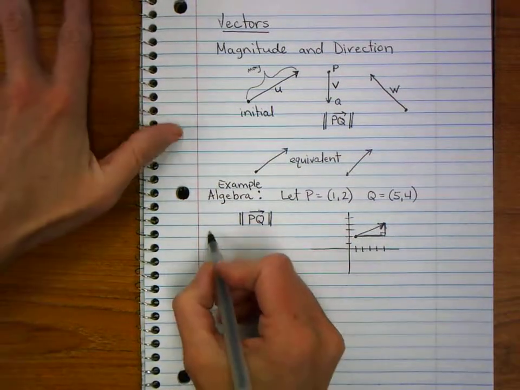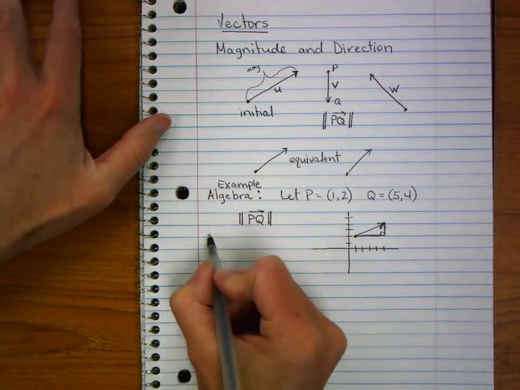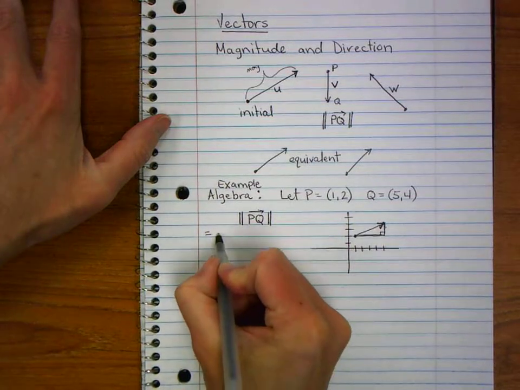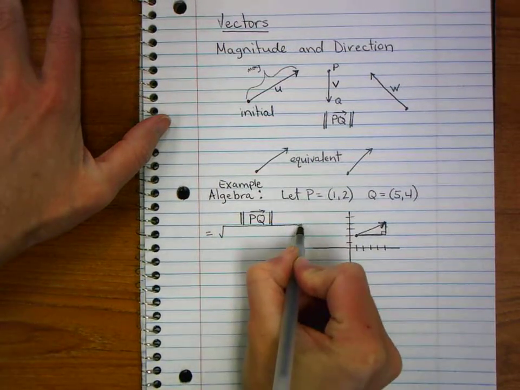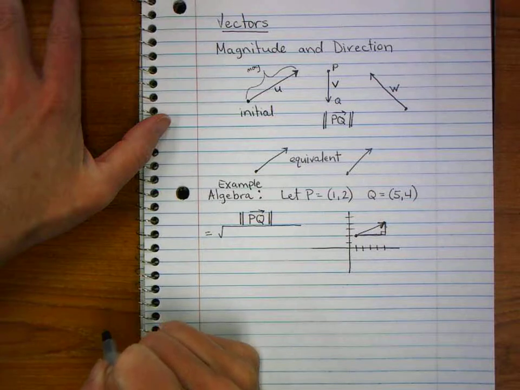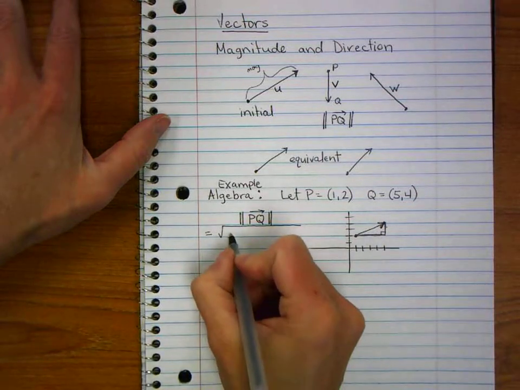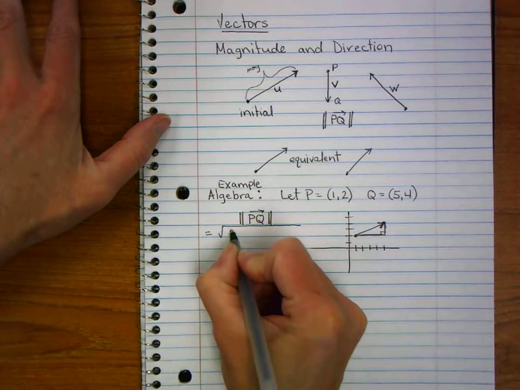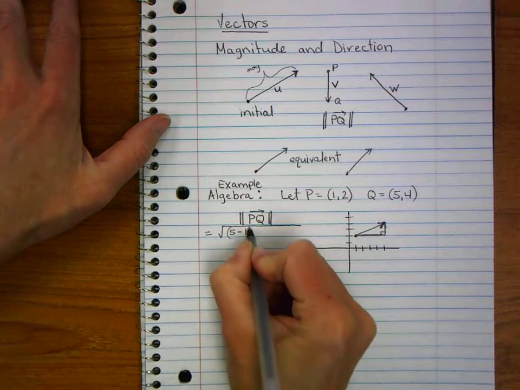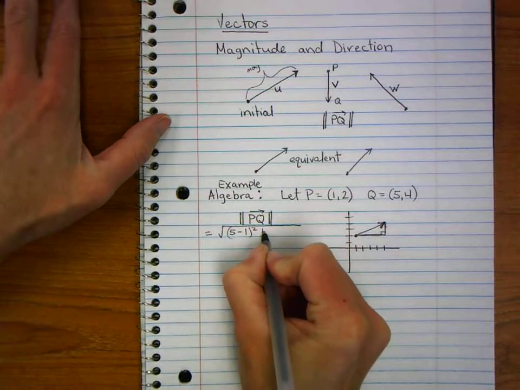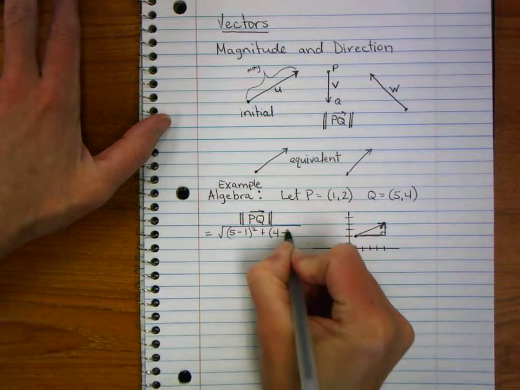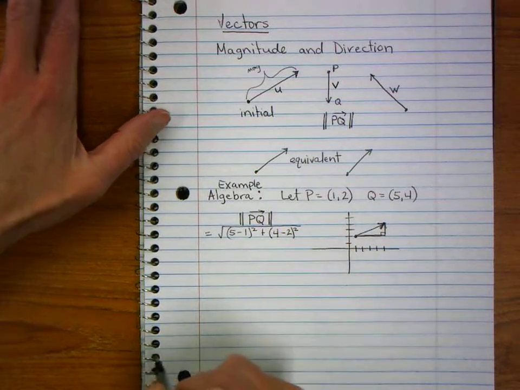Technically what we are doing is using our distance formula, if you remember your distance formula. So we have our x values, 5 minus 1 squared, plus 4 minus 2 squared, and we'll take the square root of that.